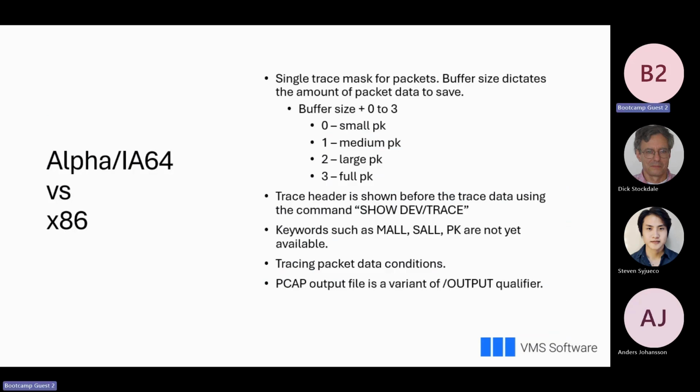Okay, so before we go into the demo, I would like to point out some differences between the Alpha, Itanium 64 versus the x86. For one, there's only a single trace mask for receive and transmit.